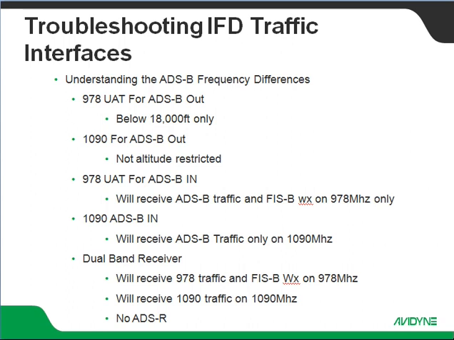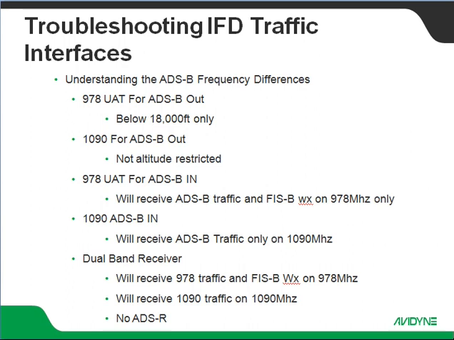If you've got a dual band receiver, something that you can set up to listen for both the 978 and the 1090, you're going to get 978 UAT traffic, which means traffic from other aircraft in the vicinity that are using 978 UAT for ADSB out, and FISB weather on the 978 frequency.